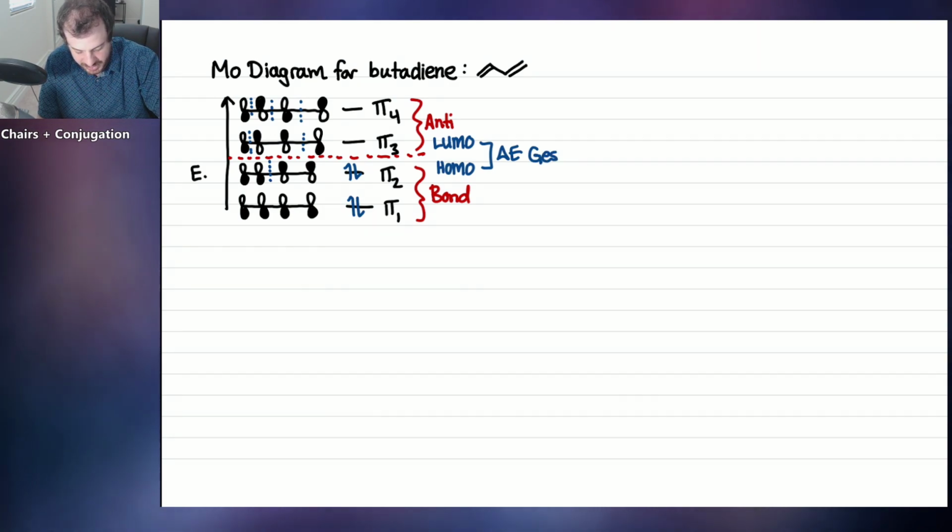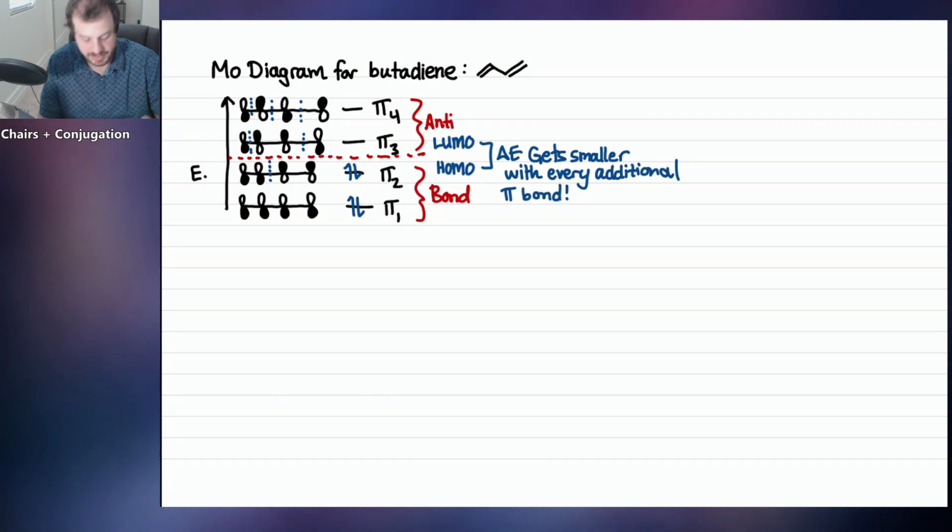So we'll just say delta E gets smaller with every additional pi bond. That's it. That's all I wanted the take-home message to be, is that with each additional pi bond, delta E gets smaller. Who cares? That would be the next question.